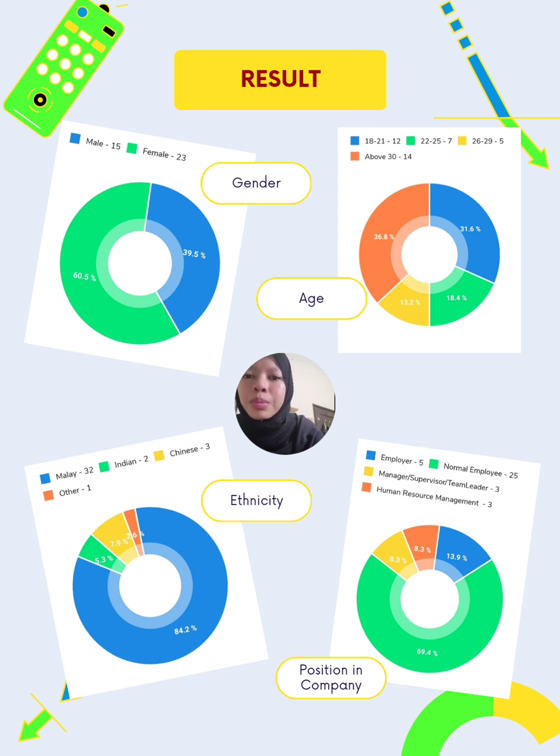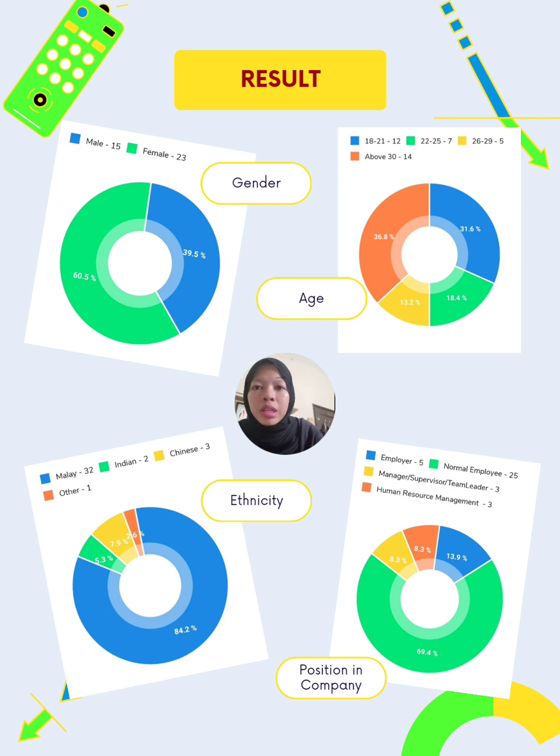Okay, next we have the position in the company. For this we can see that out of 38 respondents, most came from normal employees, which is like a basic employee who doesn't have any high position in the company, with 25 respondents, 69.4%. The second one is the employer, which is a boss, with 5 respondents, 13.9%.